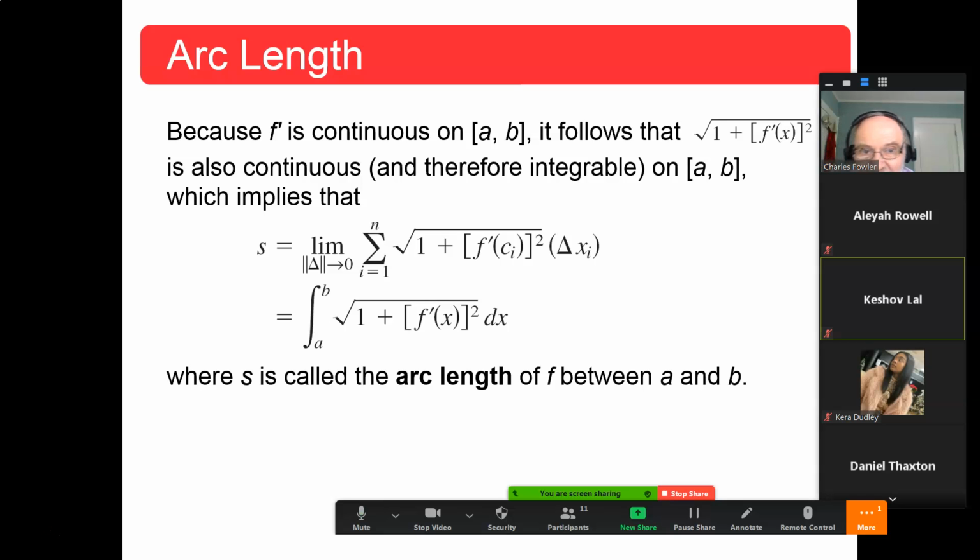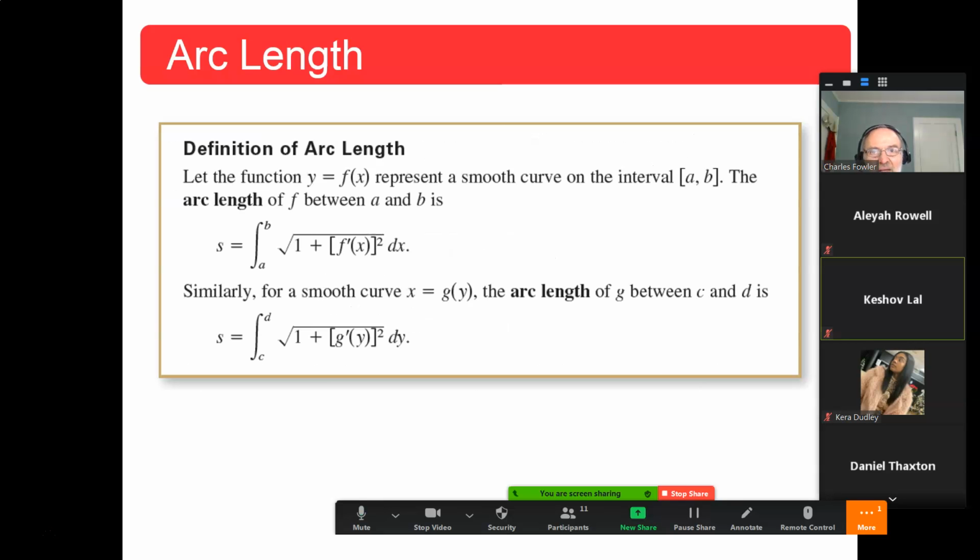And if it's continuous, it's also integrable on that interval, which implies that this s, the limit of all those summations, can be written as an integral from a to b of the square root of 1 plus f prime squared times dx, where s is called the arc length of that function f between a and b. Whew. They said that in slide after slide.